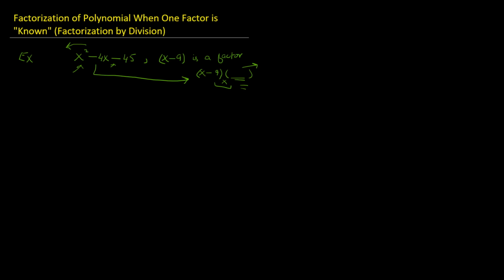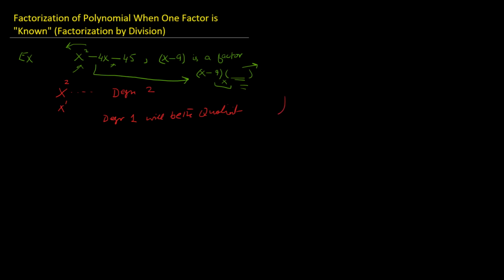When you divide a polynomial of degree 2 with a polynomial of degree 1, you will be left with a polynomial of degree 1. Degree 1 will be the quotient.